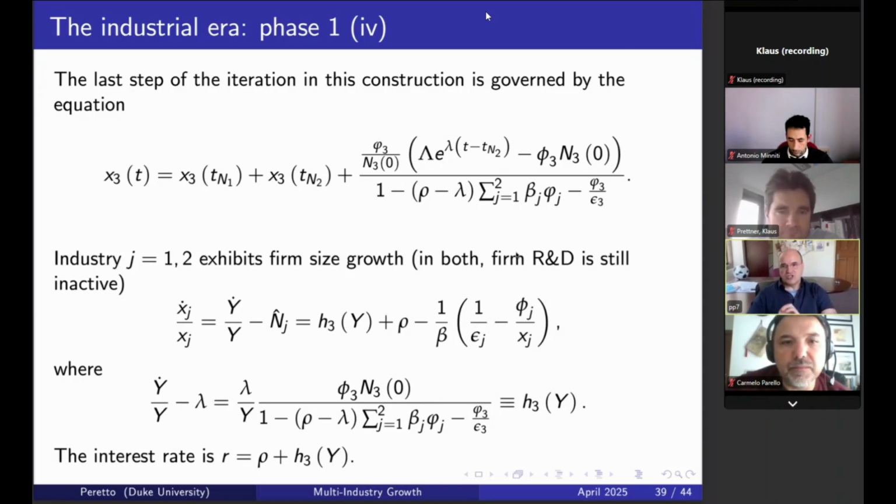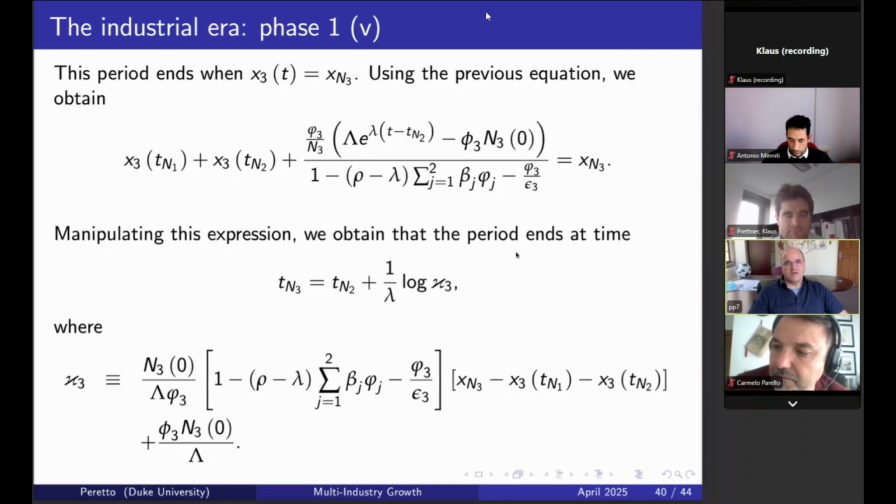You are just changing the number of inputs in the two components: industries where the free entry condition does not hold and industries where the free entry condition holds. Then when industry 3 enters the industrial era, now your entire economy is in the industrial era, and the free entry condition holds everywhere. Things become much simpler because you get to the free entry regime.